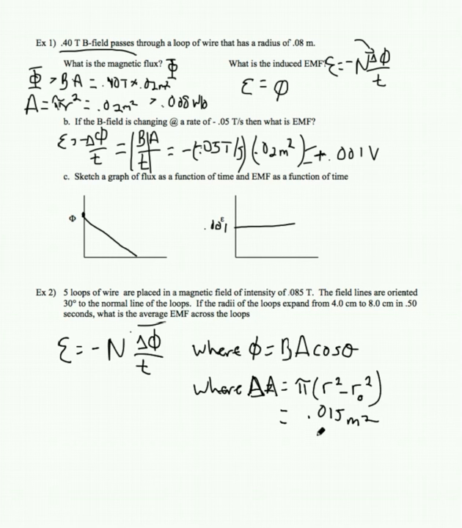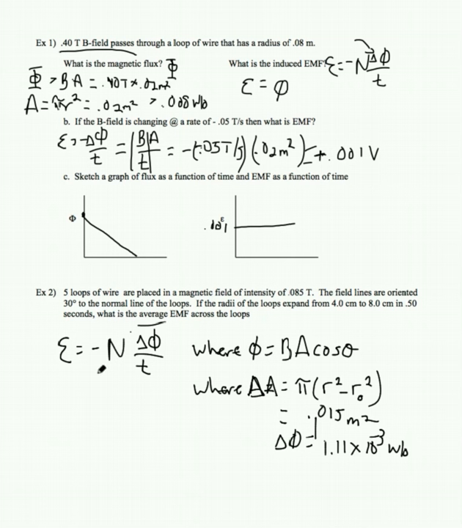Okay, we get that our change in flux, delta phi, equals 1.11 times 10 to the negative 3 Webers.